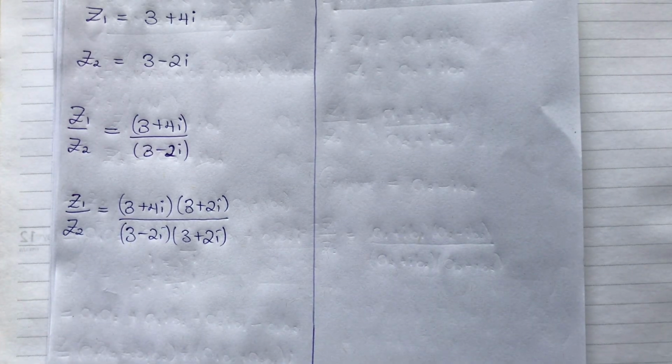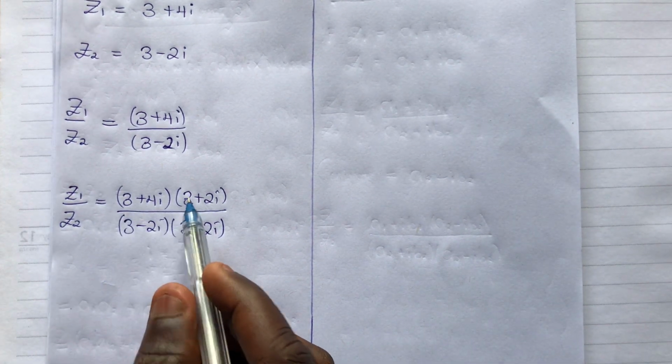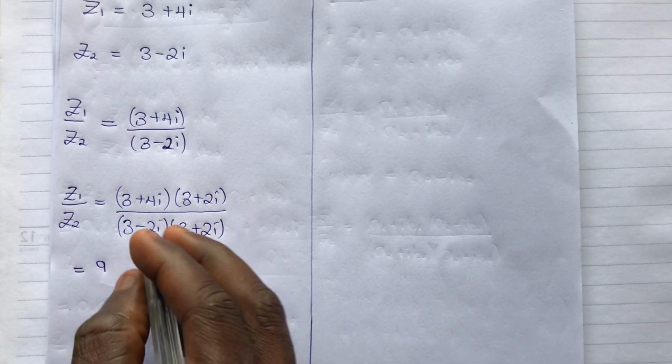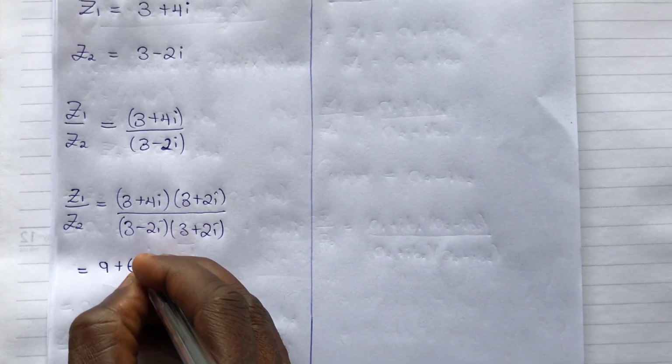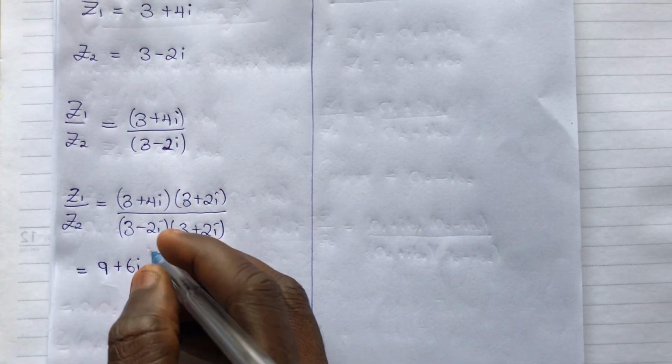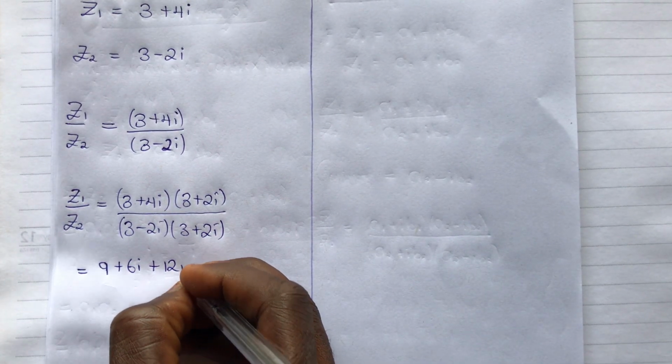From here, all you need to do is to expand the numerator and the denominator. So we have 3 times 3 giving us 9. 3 times 2 is giving us plus 6i. Then we have 4 times 3 giving us plus 12i.